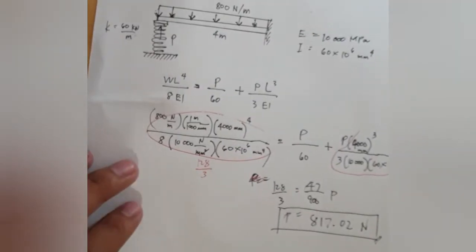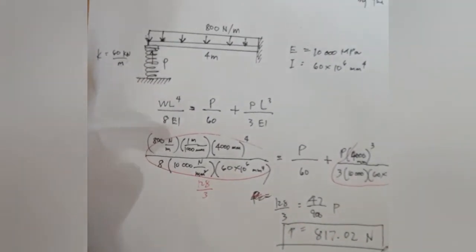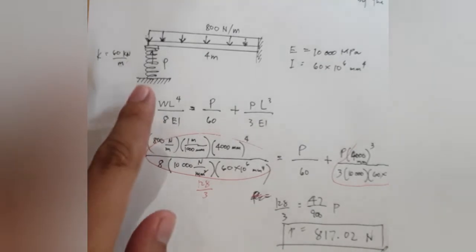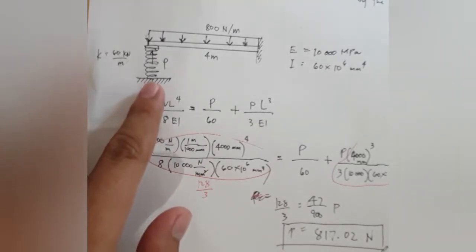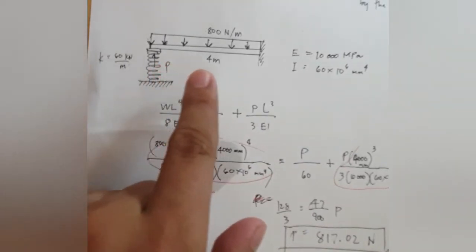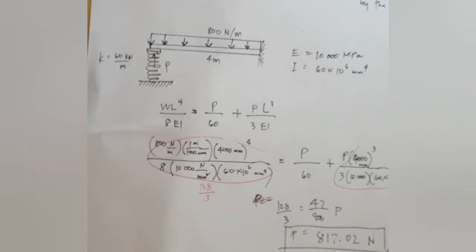Okay? So we need 817.02 newton to resist the 800 newton per meter.